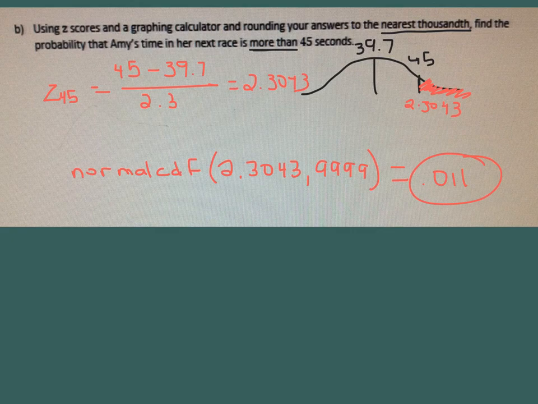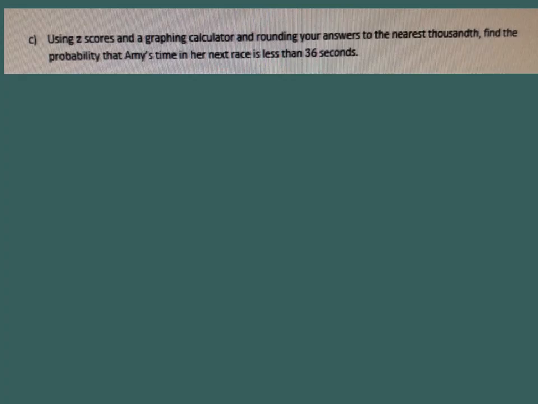All right, finally, let's take a look at letter C. Same situation. We want the probability that her race is less than 36 seconds, and again they want us to round to the nearest thousandth. Let's find the z-score that goes along with 36 seconds.